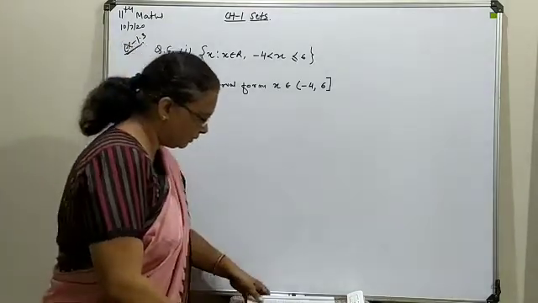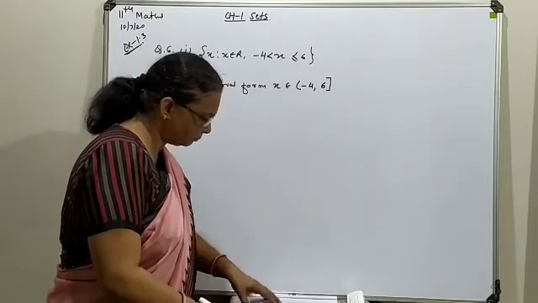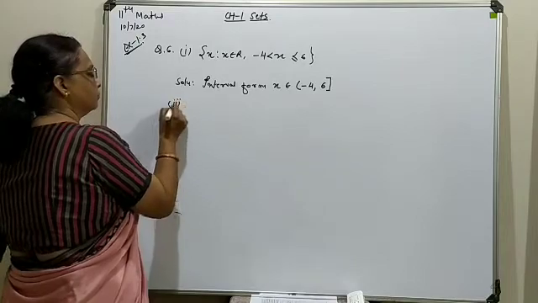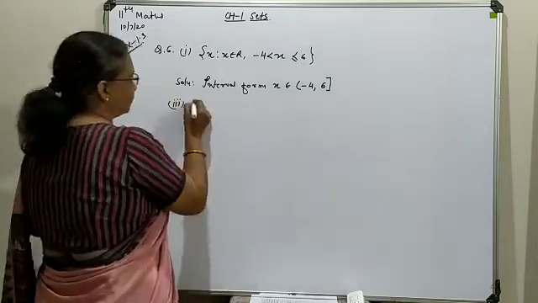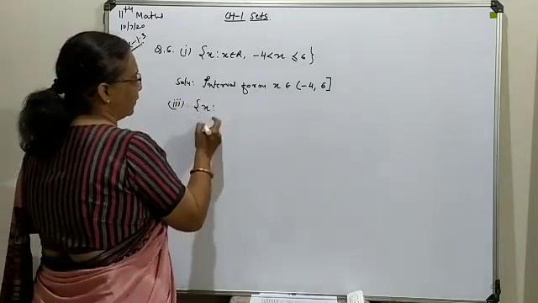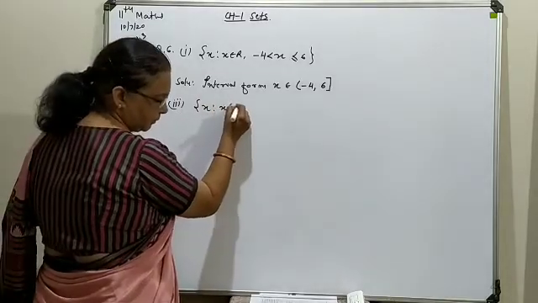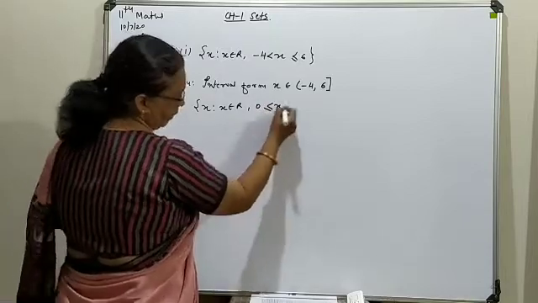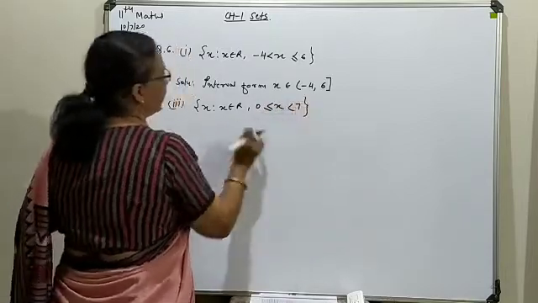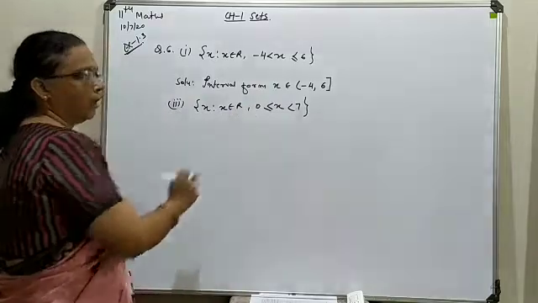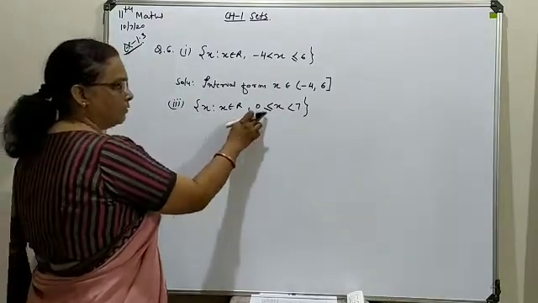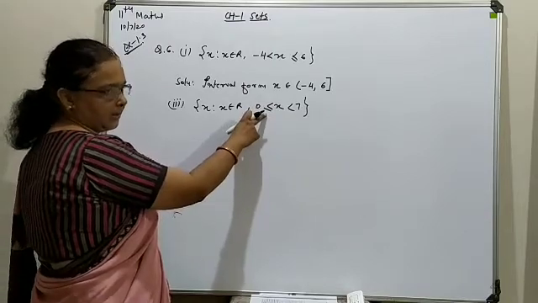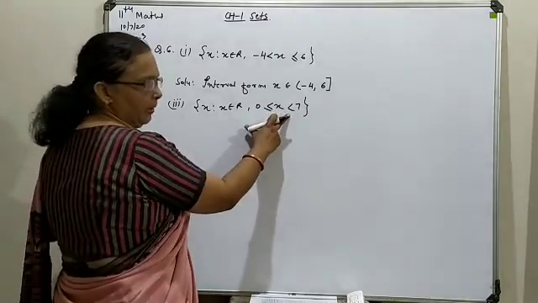Now one more example, the third part of the same question. In the third part your set is available as 0 ≤ x < 7. This is the reverse case of the above example. Here the equality sign is present at the first end, so it will be closed, and this side will remain open.